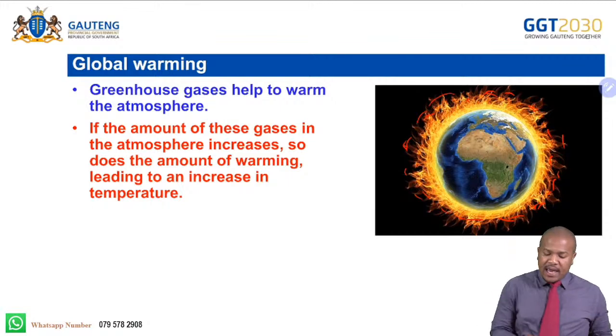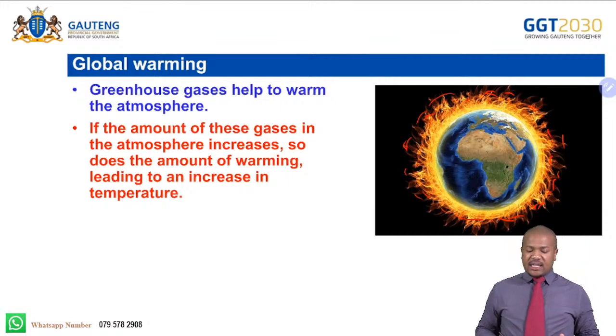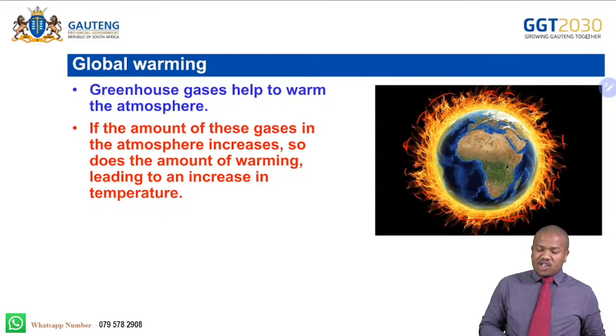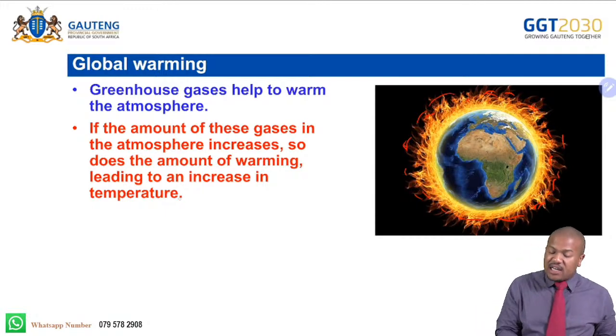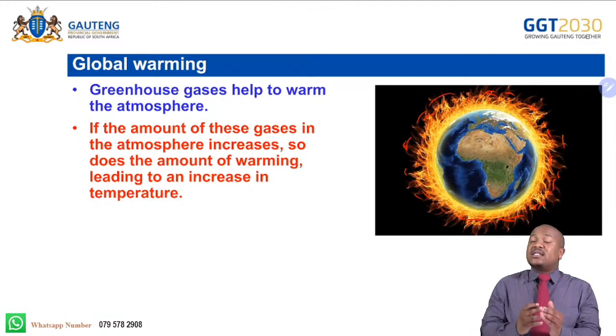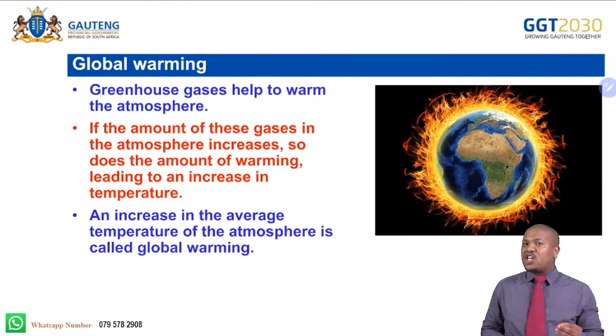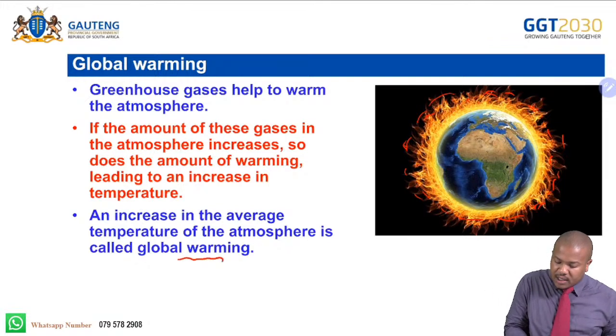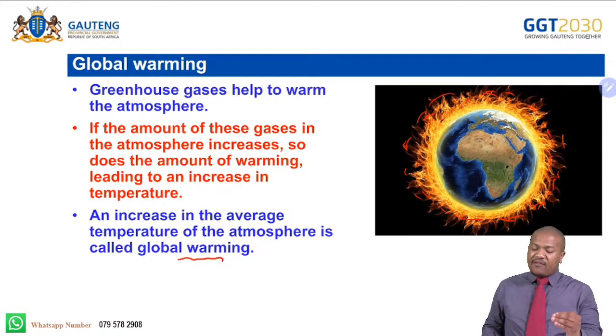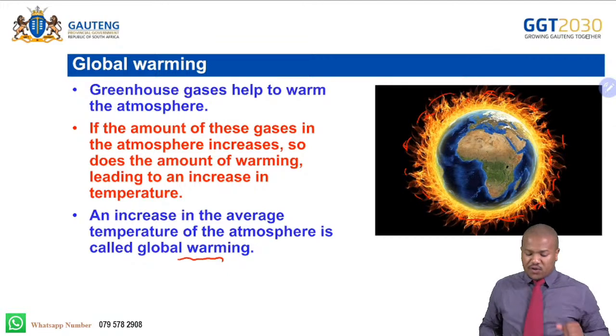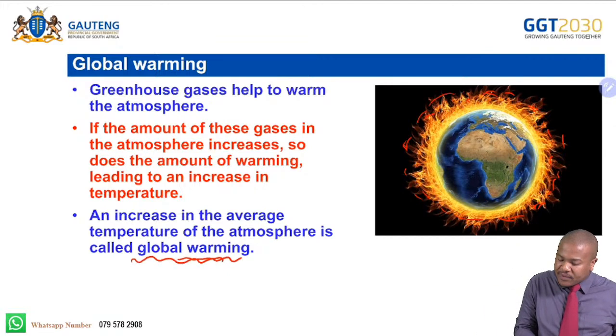And if the amount of these gases in the atmosphere increases, the amount of warming will increase and lead to an increase in temperatures. That increase in temperatures, we call it what? Global warming. It is the increase in the average temperatures of the atmosphere. That's why these two are linked.